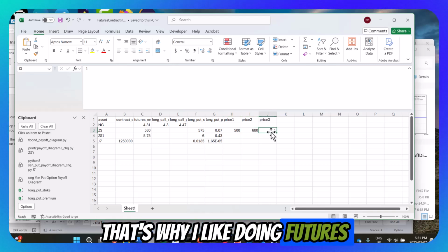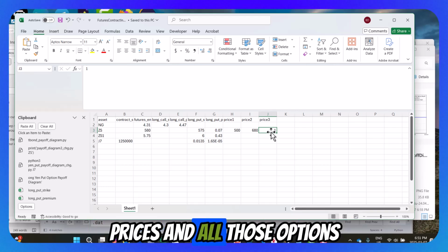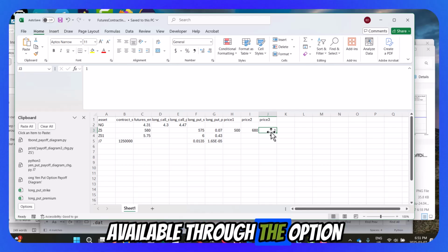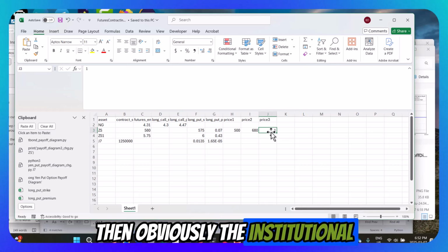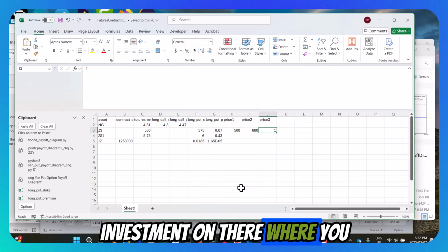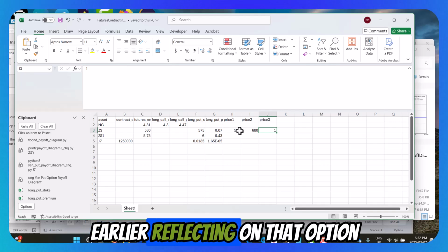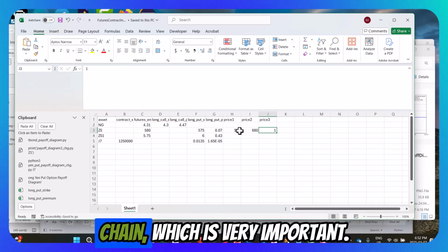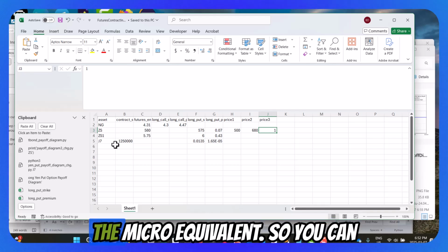That's why I like doing futures and options, because it's all built around futures and future prices, and all those options available through the option chain are set by the exchange, and then obviously the institutional players will put investments on there where you get the bid and ask, as I showed earlier, reflecting on that option chain, which is very important. And then again, if you're afraid of the account size, you can always do the micro equivalent.